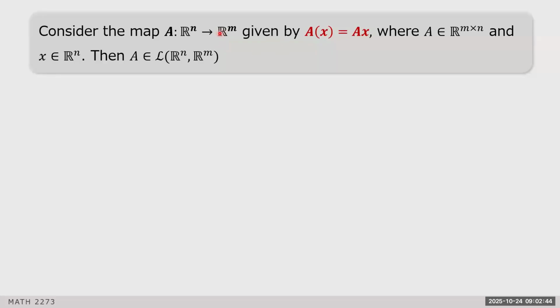How is it doing it? It's given by A of x. This x consists of n numbers, and it's giving you A times x, where A is an m by n matrix. Then I claim A is a linear transformation between these two spaces.